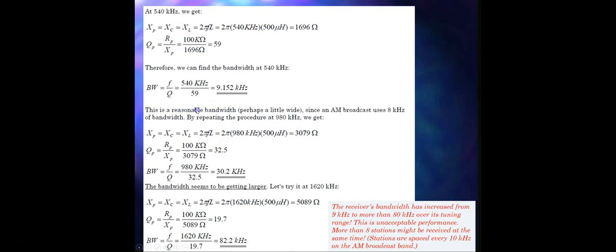So you see that this is a reasonable bandwidth, since an AM broadcast uses 8 kilohertz of bandwidth. By repeating the procedure at 980 kilohertz, we will get a bandwidth of 30.2 kilohertz. And then further, if we use the frequency of 1620 kilohertz, then our bandwidth will be 82.2 kilohertz.